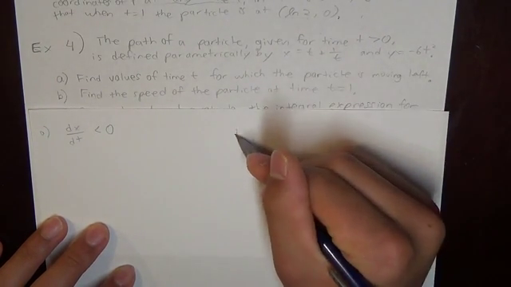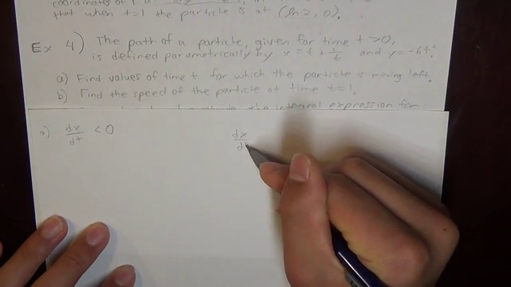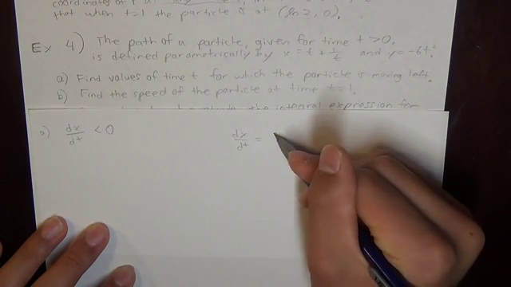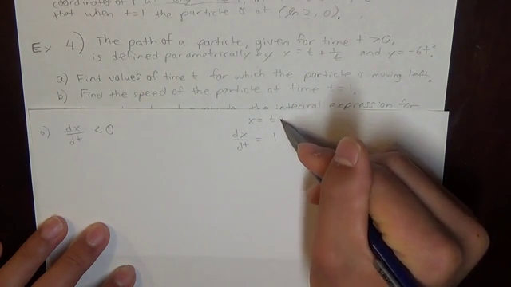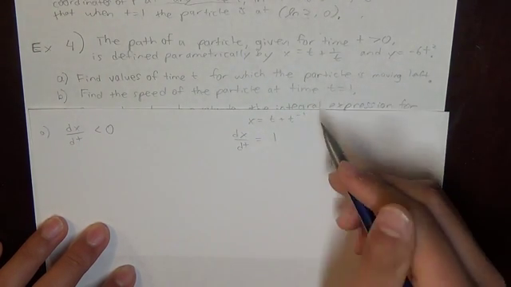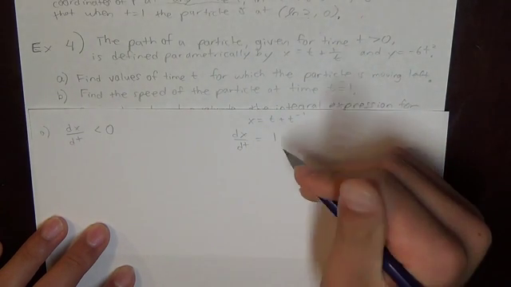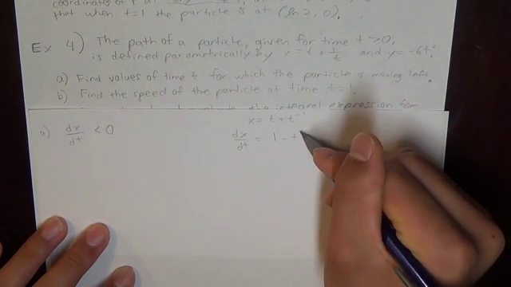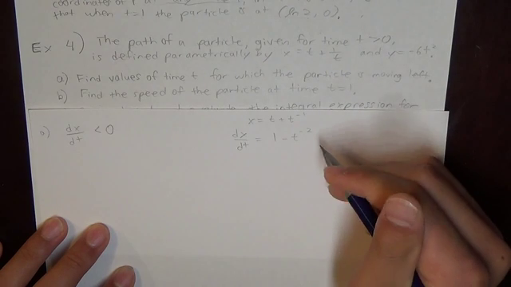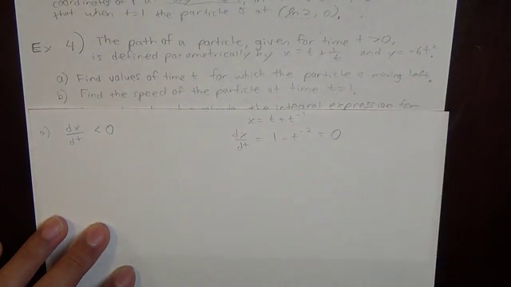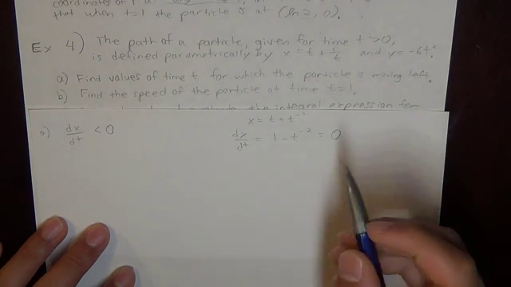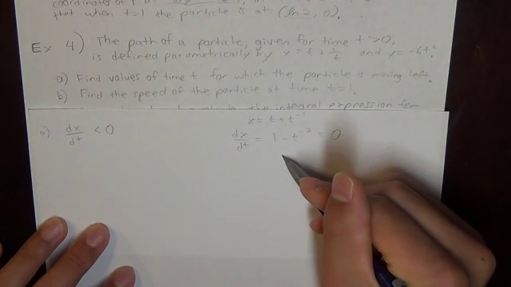Let's rewrite x as t plus t to the negative 1. So dx/dt is equal to 1 minus t to the negative 2. And we're trying to see when this is equal to 0, so that we can do a sign test and check when it's negative.